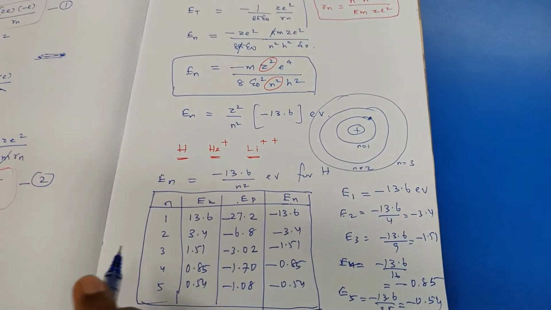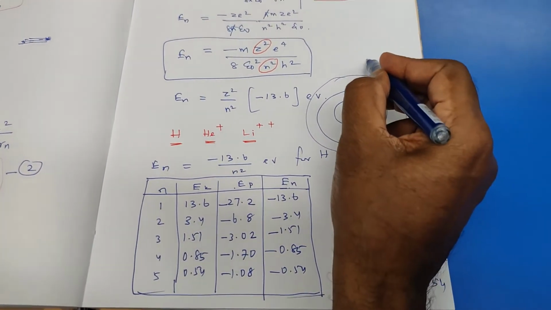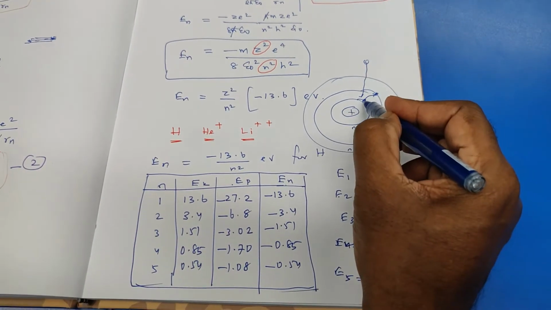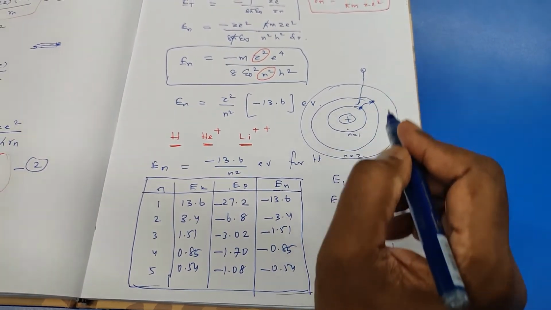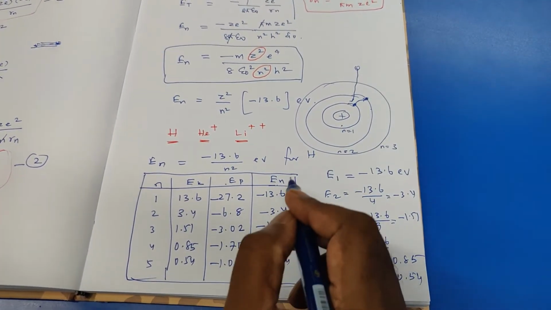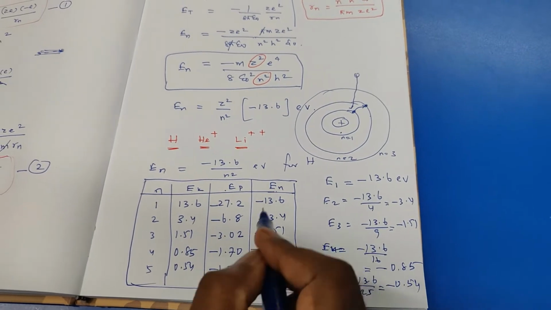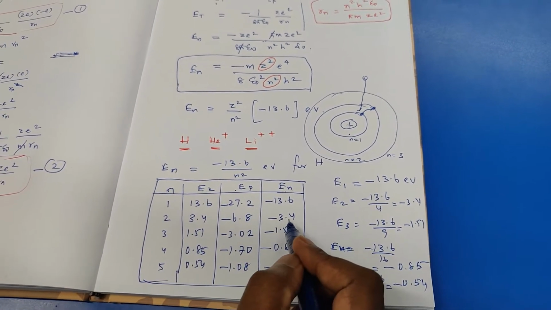The atom is in the ground state. When energy is incident on this, the electron gets shifted to the next level. Now the atom is in the excited level. So this is the first excited state. So when hydrogen is in the first excited state, what is the energy? That means it is n is equal to 2, energy is minus 3.4.